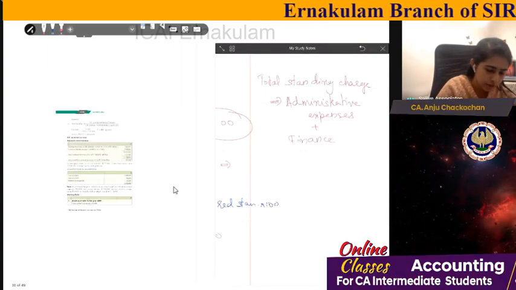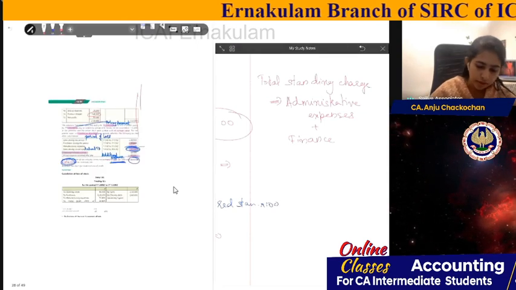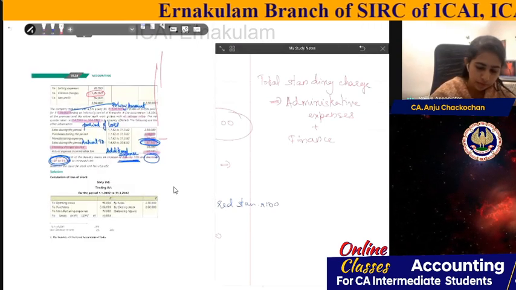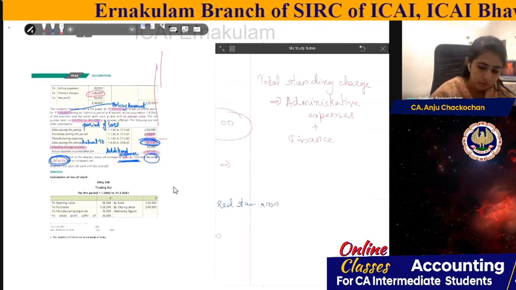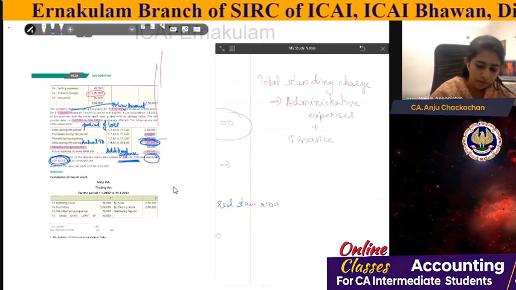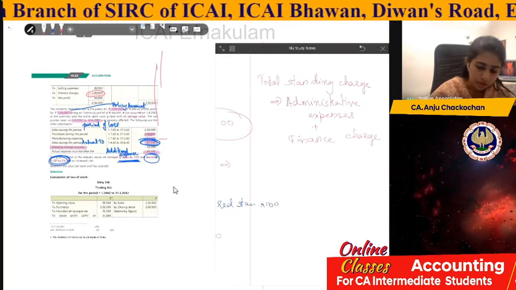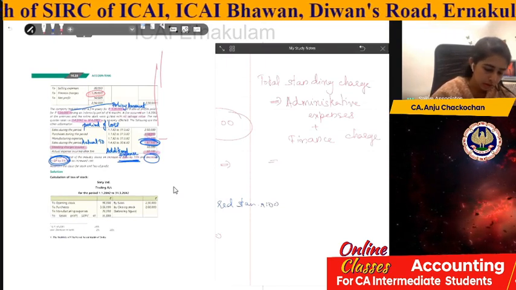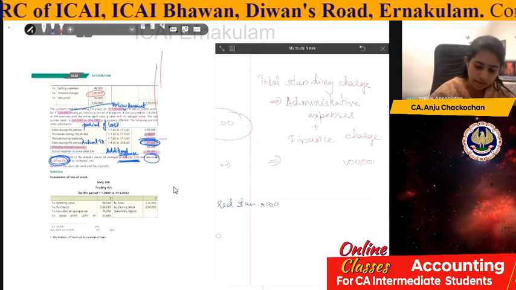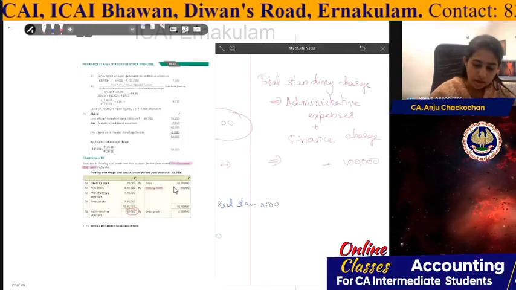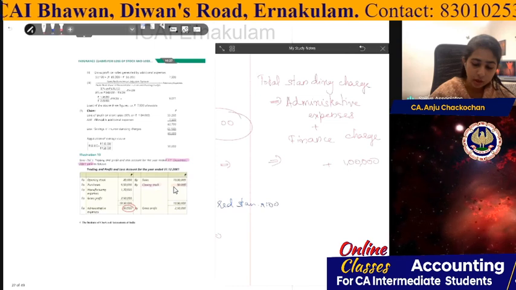Finance charge of 1 lakh and 50,000 happening to be 1,50,000.